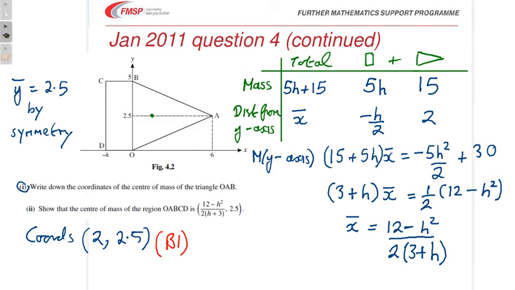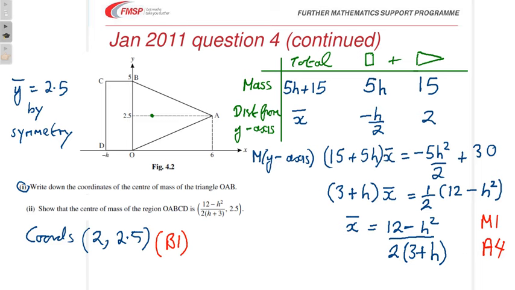And there was a method mark for the table, without spending ages putting them in all the different places, there was 1 method mark and 4 accuracy marks for this part of the question, making a total of 6 marks for these first 2 parts. Okay, the method mark was for the moments, and the accuracy marks were for putting the right numbers in the table of masses and distances, and obviously getting the correct expression at the end.